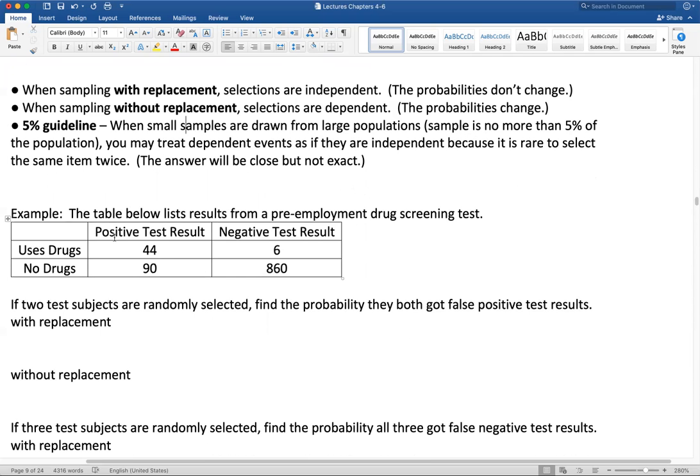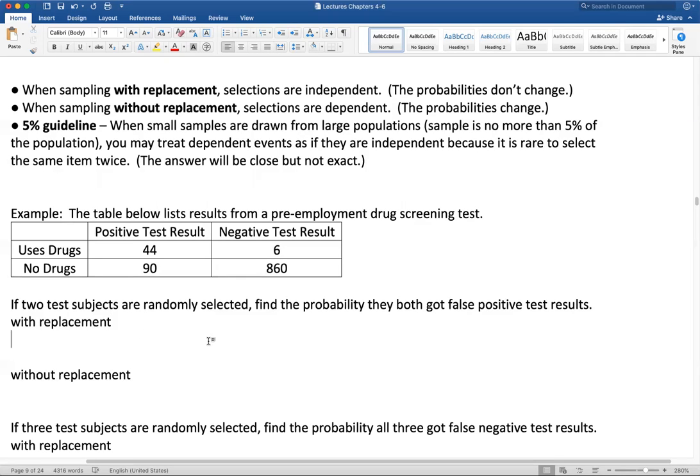This example relates to the multiplication rule and replacement versus without replacement. If two test subjects are randomly selected, we can use the classical probability approach. Find the probability that they both got a positive test result, with replacement and without replacement.